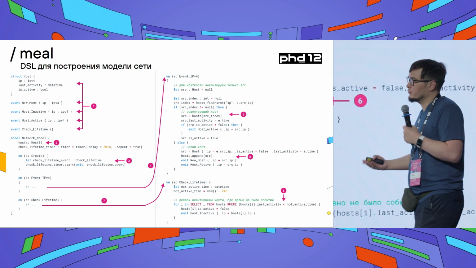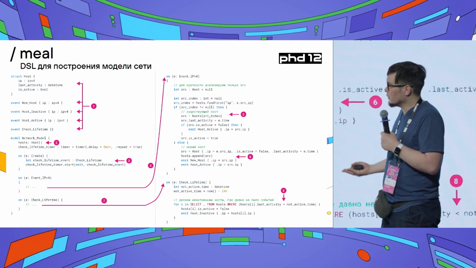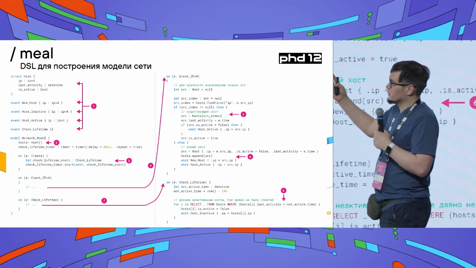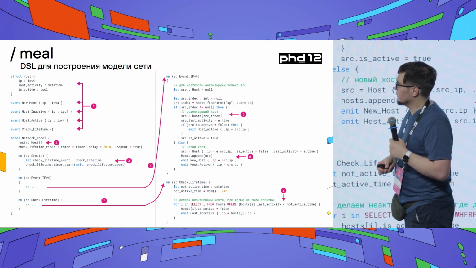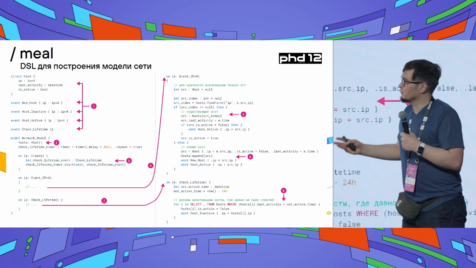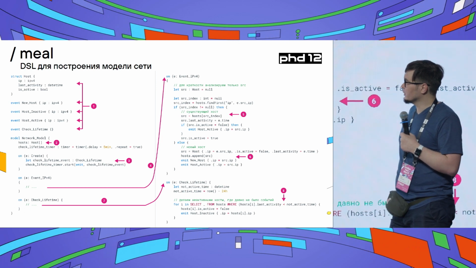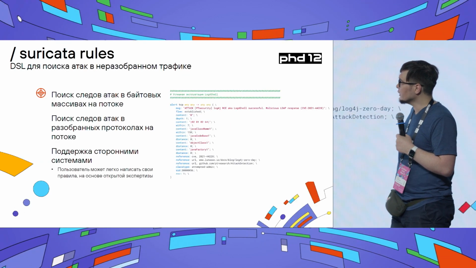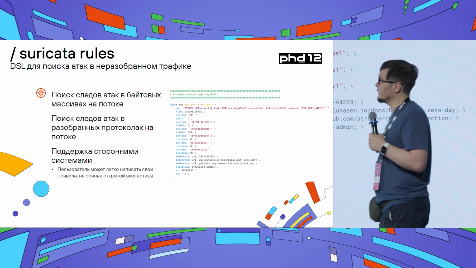And everything that's written here on the screen is essentially business logic code. This is underpinned by a very high-performance implementation, and we can create some very cool things with such a language.